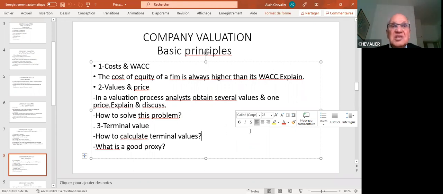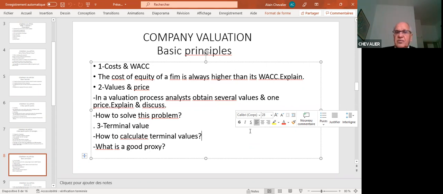That means you need some kind of global data summarizing all the other cash flows, all the other dividends, all those which are not integrated in the scenario of the first 10 years.